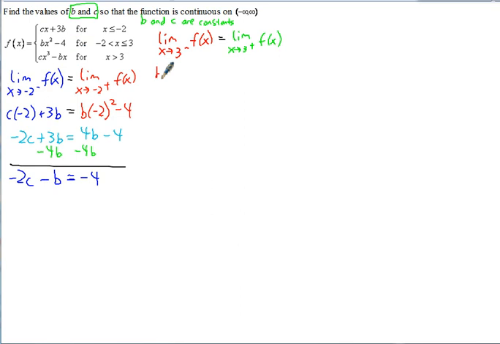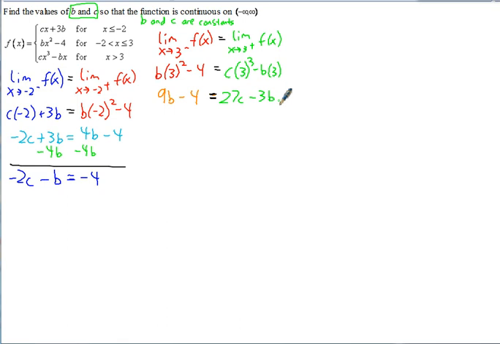So it'd be b times 3 squared minus 4 equals 3 from the right. You'd use the bottom piece. That'd be c times 3 cubed minus b times 3. So 3 squared is 9 times b, 9b minus 4 equals, 3 cubed is 27 times c, so we get 27c, and then negative b times 3 is negative 3b.